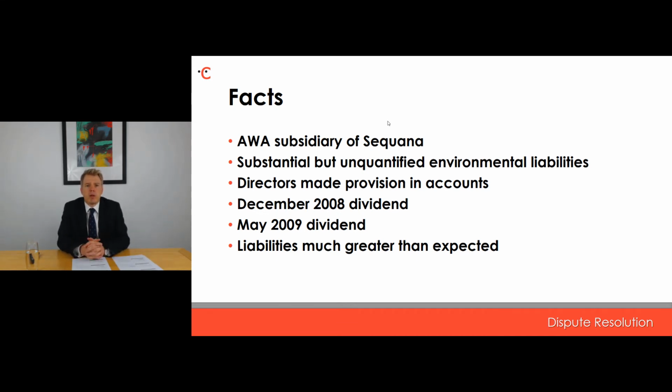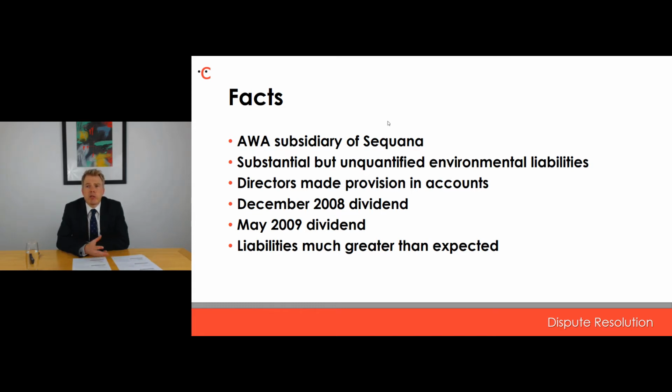AWA was a company that was a subsidiary of Sequana. It had substantial, but at the time unquantified, environmental liabilities. Now, the directors of the company knew that there were liabilities, but they didn't know exactly how much they were, because it was impossible to do that.